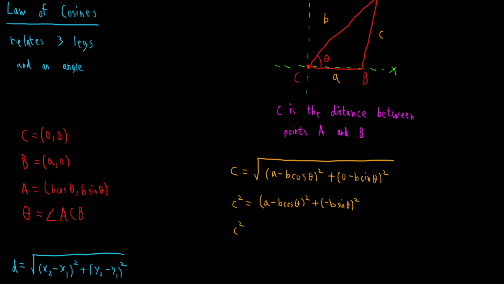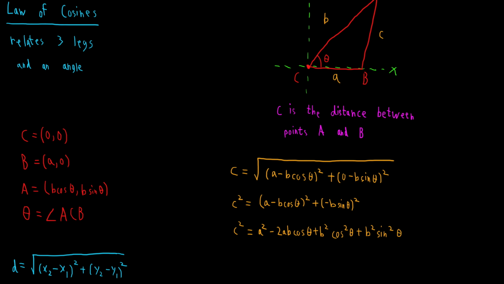C squared equals A squared minus 2AB cosine theta plus B squared cosine squared of theta plus B squared sine squared theta.